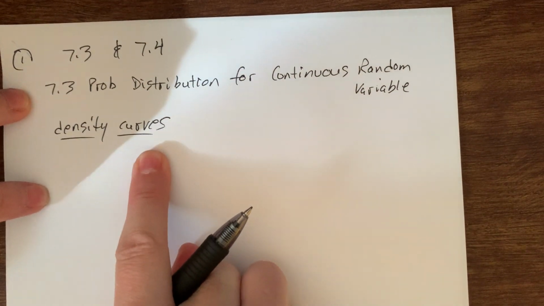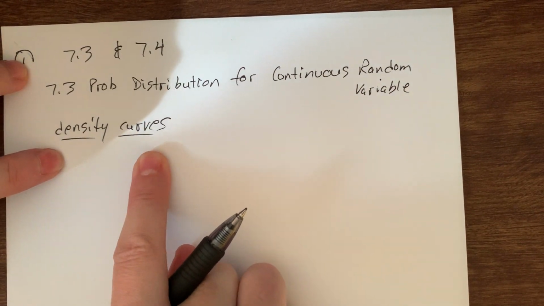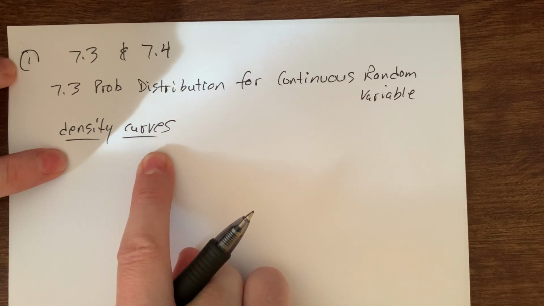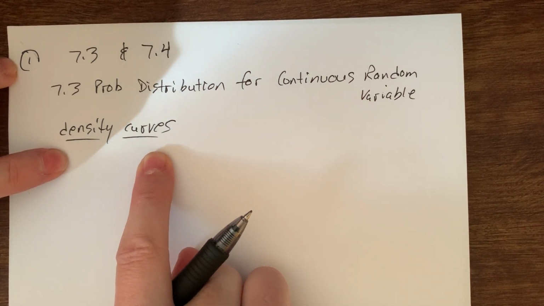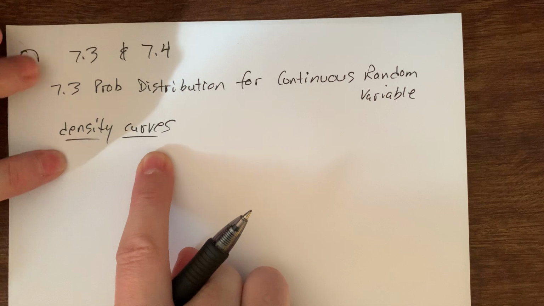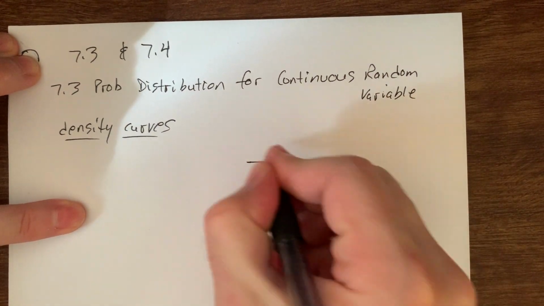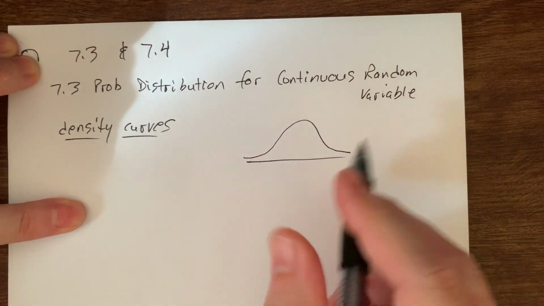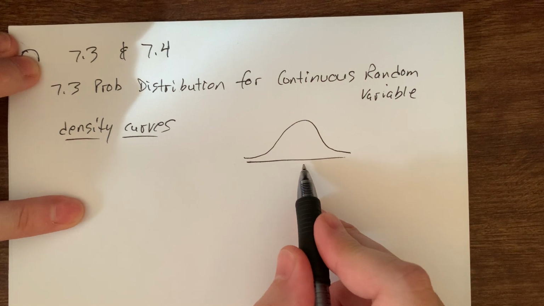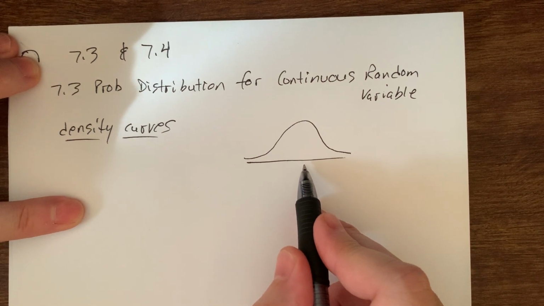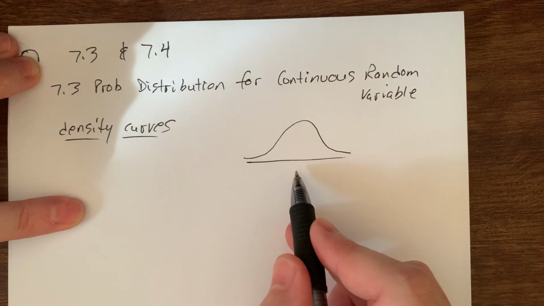A density curve seems like a fresh idea, but we've actually been doing this for a little bit now. When you go back and look at our empirical rule work, we talked about first that our data needed to be normally distributed, and we'd end up with this type of a bell curve, and that we would look at the percentages as the area under the curve.